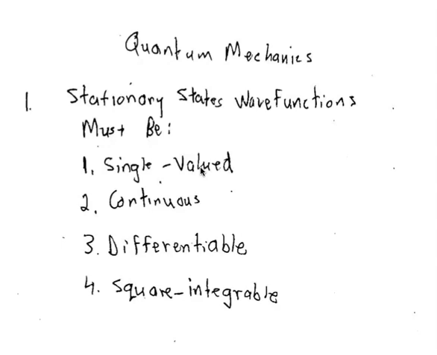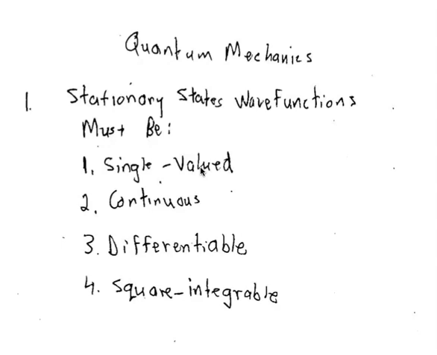That means that if you take the square of the wave function and integrate that square wave function over a given range, it must make sense. It must be of some significant value. It must be definable. It can't be infinite, let's say.